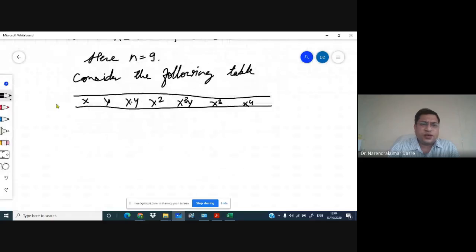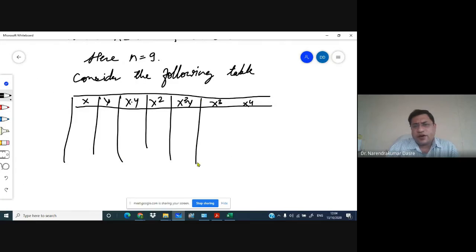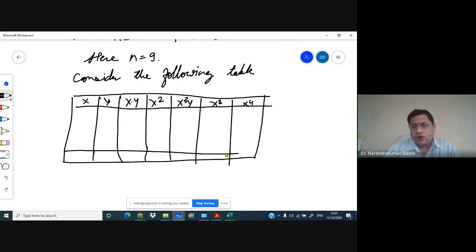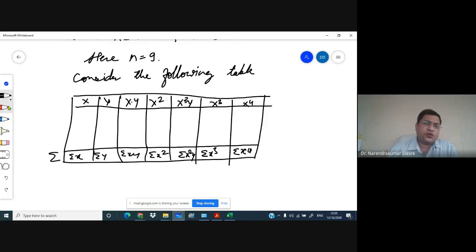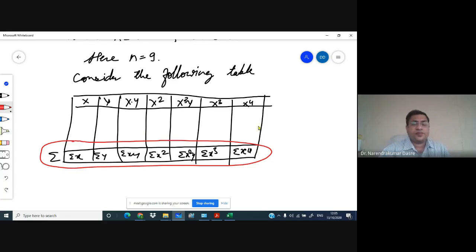These are the columns we need to consider, and once we have these columns, we are interested in the summation of these: summation x, summation y, summation xy, summation x square, summation x square y, summation x cube, and x raised to 4.